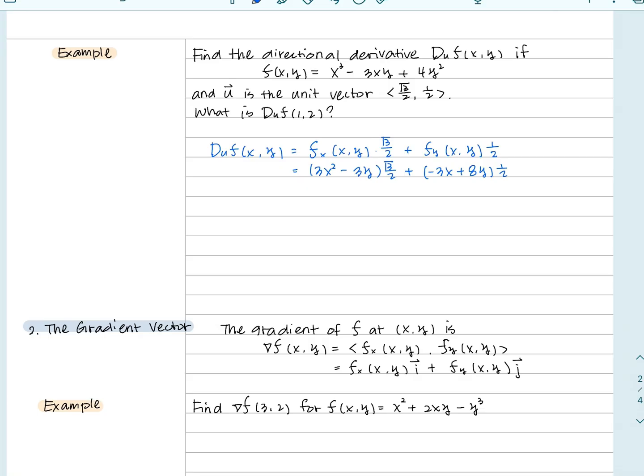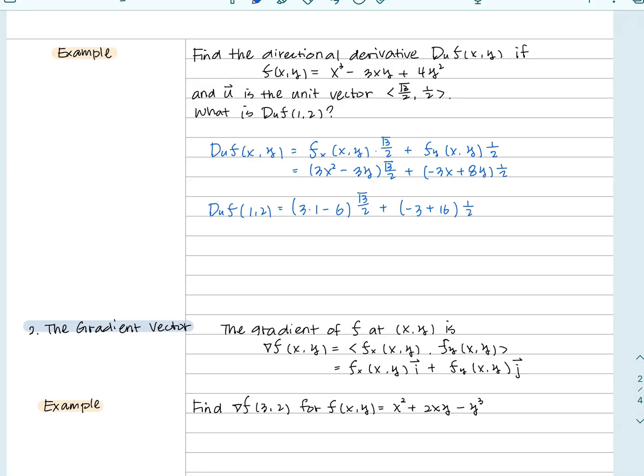Now you can plug in x is 1, y is 2. So at the point (1, 2), that means x is 1, y is 2. So let me plug in the numbers. You can do 3 times 1 squared minus 3 times 2, which is 6, and then square root of 3 over 2. Plus negative 3x, that's negative 3, plus 8y, so that's 16, and then times 1/2.